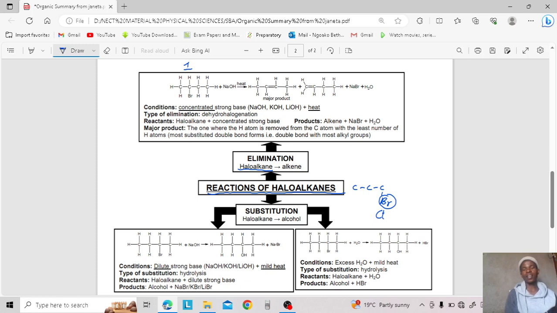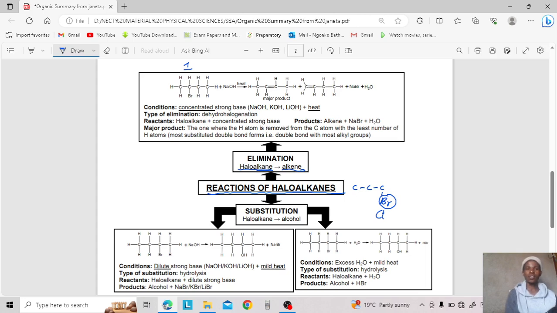In every elimination we must come up with a double bond in the product. So the double bond shows we have eliminated from a haloalkane to this one.